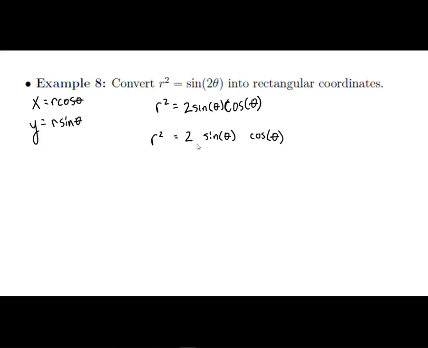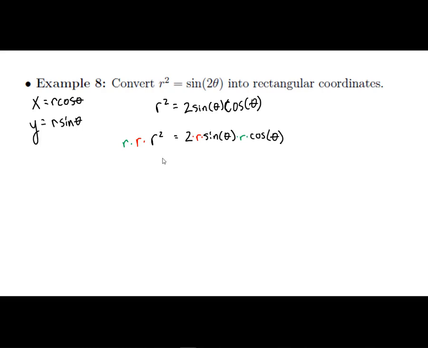Okay, well, if that would really help me out, let's just do it. Let's multiply by r in front of the sine theta. Okay, but of course, if I do that to one side of my equation, I'm forced to do it to the other side as well. But as long as I do that, that's legal. And then, hey, I would really like it if there was an r in front of my cosine, because then that could be equal to x. And so that's fine as long as I do that on this side as well.